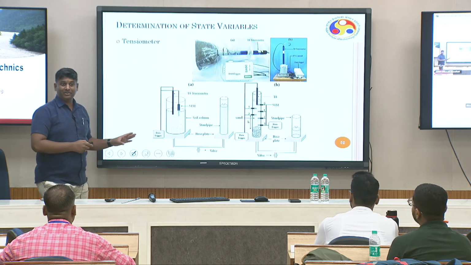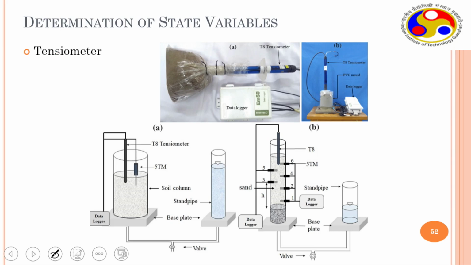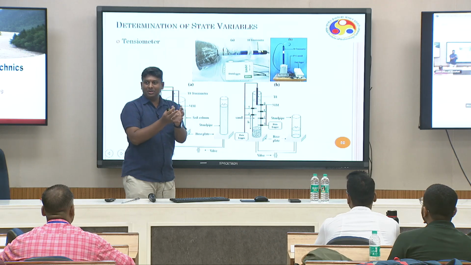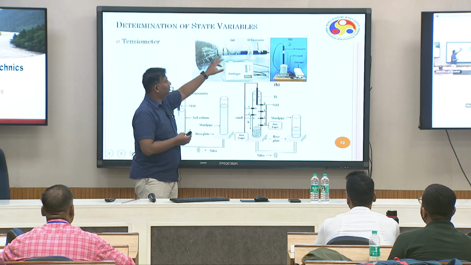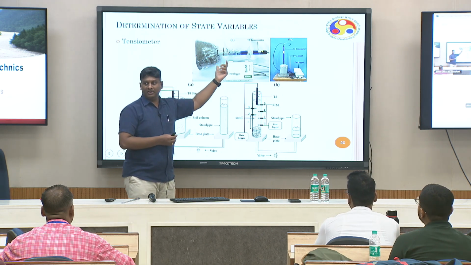So we have done a lot of tests. Not just that, even for sands, even for sandy soils, if you use a tensiometer, the equilibration that is required to establish the negative pressure within this water column is large. So forget about clays, silts, etc. This is a Brahmaputra sand, and in one case we simply took the soil in a polythene bag, placed the tensiometer, and tried to measure readings.